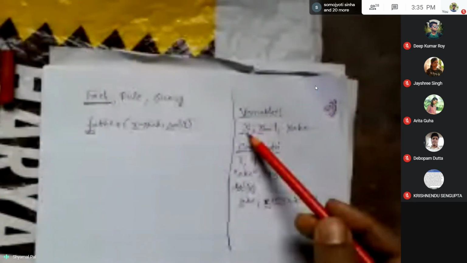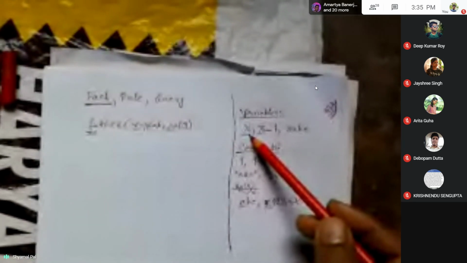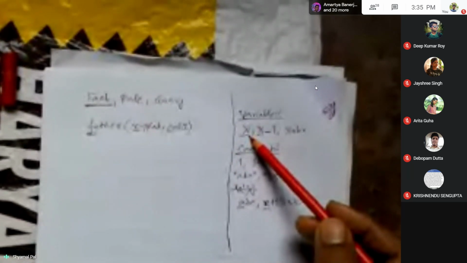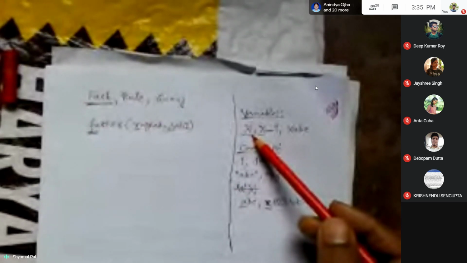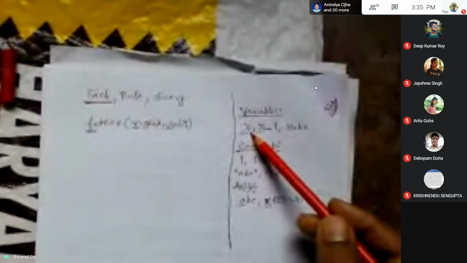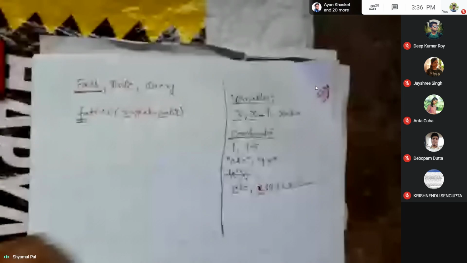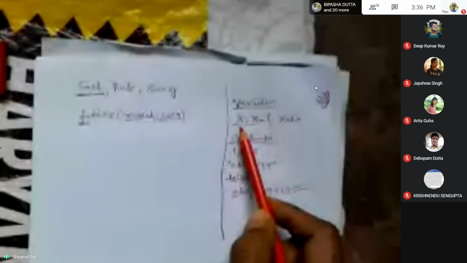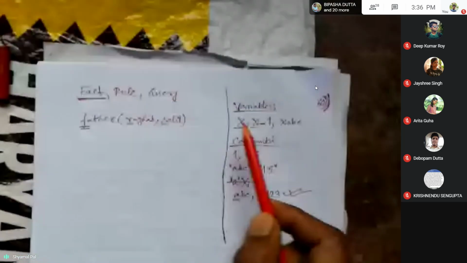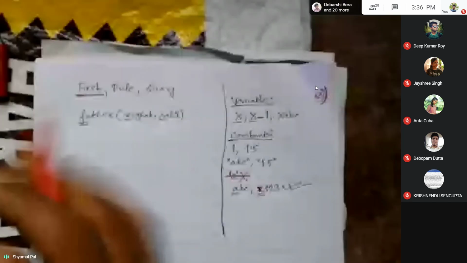So no need to specify for which purpose I am going to use this x, whether it will be able to capture only a numeric value or more specifically an integer value, floating point value, or just a string or character. No need to go for that. So it is very much flexible, and no need to go for declaration also. For the first time, whenever you are using a variable, that is its declaration as well as its definition. You'll see it later.